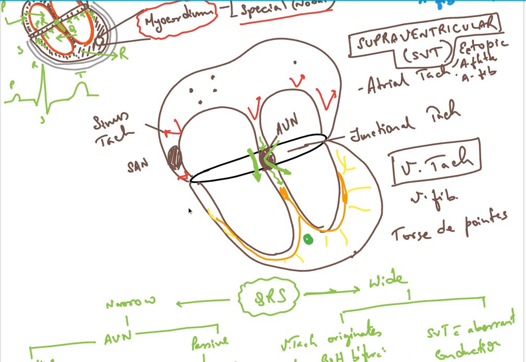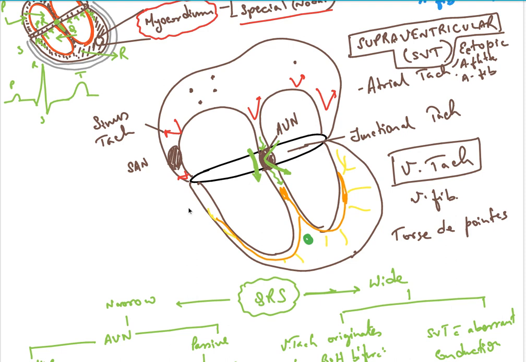Similarly, over here we can have atrial flutter and atrial fibrillation. Similarly, it can also happen because of the AV node, which is present at the junction of the atria and the ventricle. So we can call it junctional tachycardia.